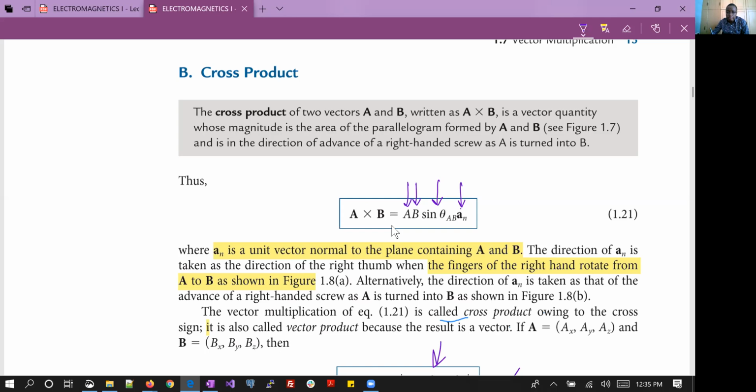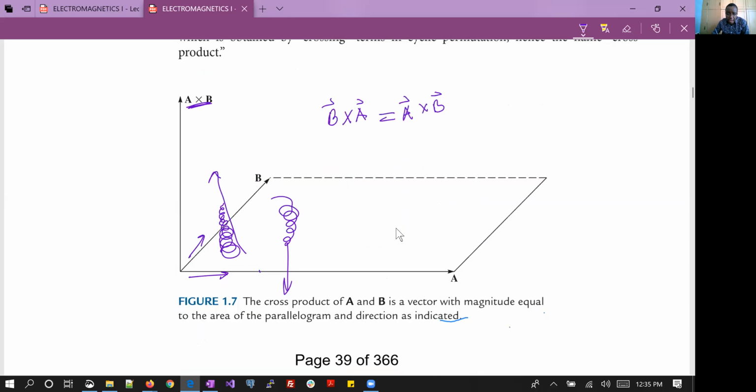So if we go back to our parallelogram here, we have A. The magnitude of A is that, and it is directed along A, so it has a unit vector there. And vector B has a magnitude there and a direction. So to find the cross product, I should have cancelled that one.